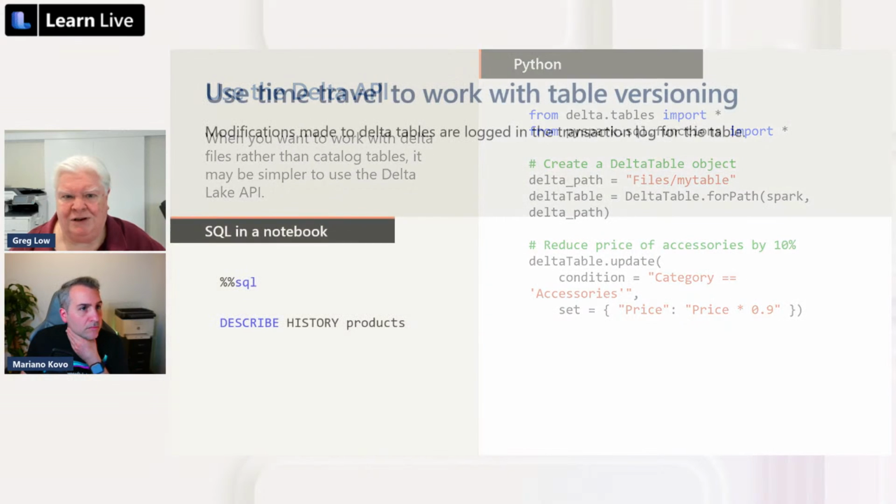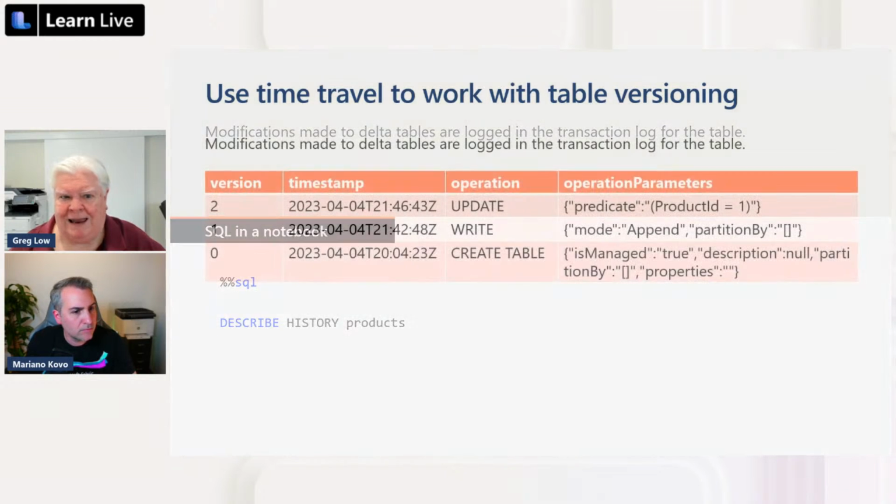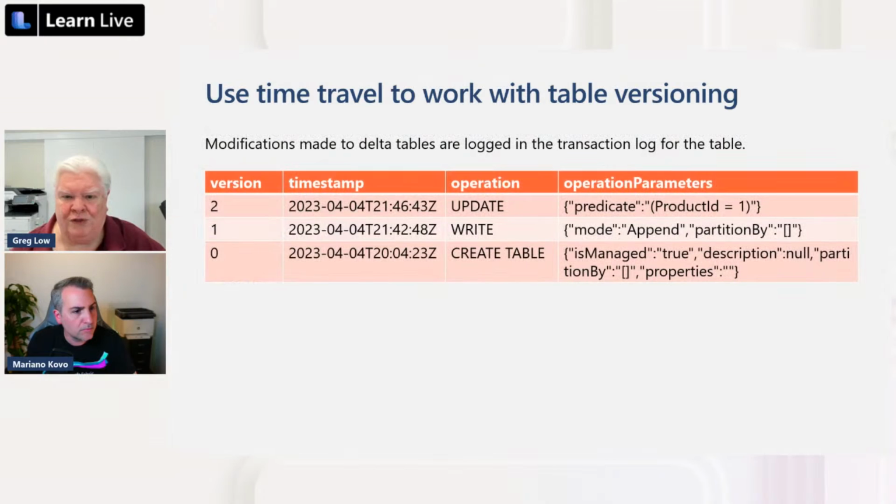Now, I can also use time travel, I mentioned earlier, to look at earlier versions of what the data was like. There's a couple of things I can do. All the modifications are logged in the tables. In a SQL cell, or with the %%sql magic, if I describe the history of the products table, what I get back is details of the operations that have occurred on that table over a period of time.